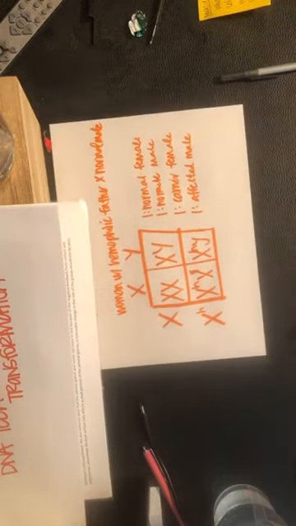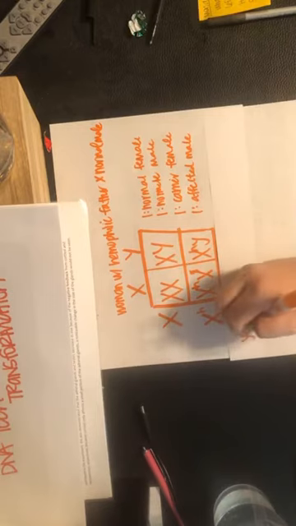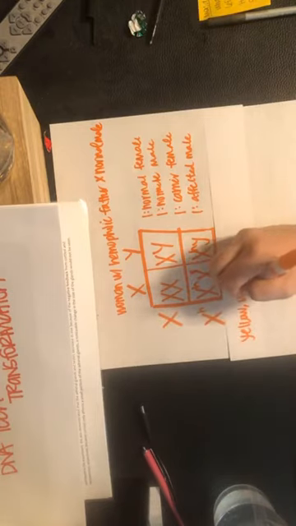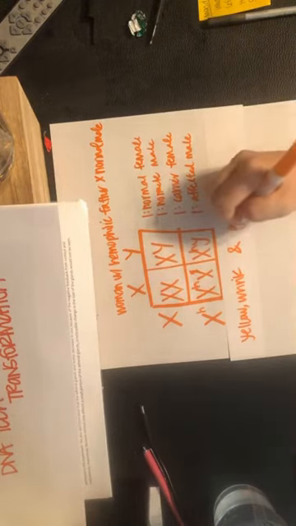Another thing that you could see with linkage is if 2 traits are linked together, as I said before, they're on the same chromosome. So if you did a cross, let's say we have yellow wrinkled and green smooth.